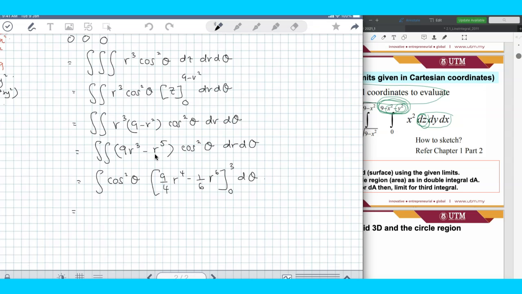Then we have to evaluate: 9 over 4, 3 to the power of 4, minus 1 over 6, 3 to the power of 6. And then integrate cos squared theta d theta.